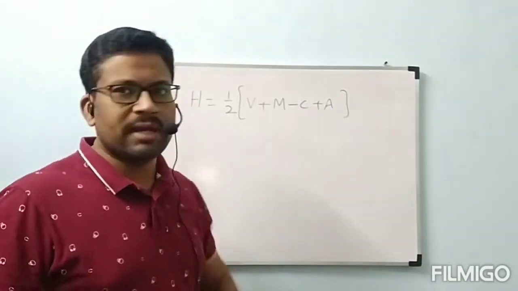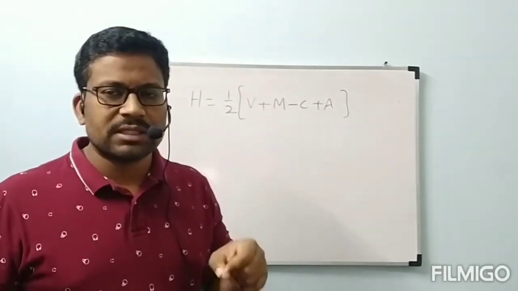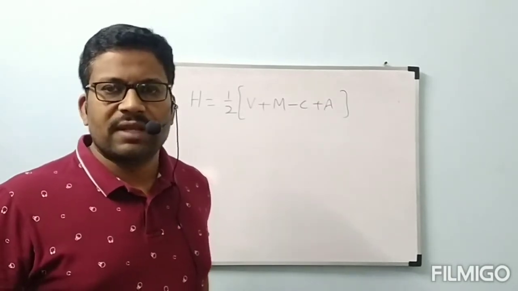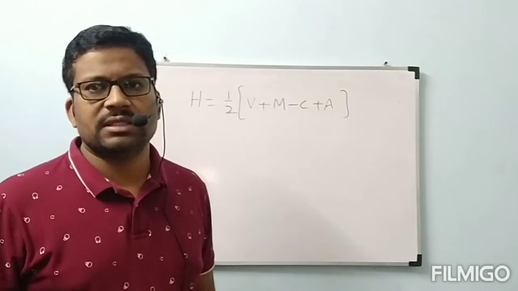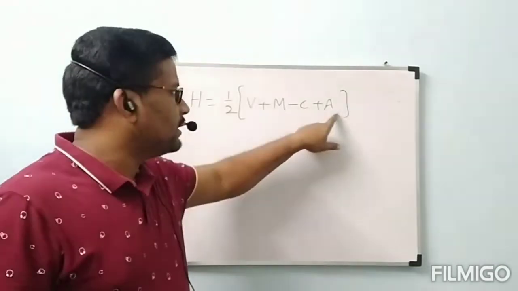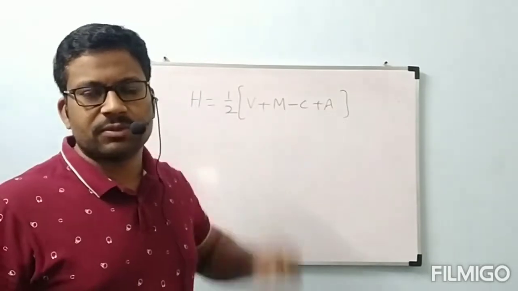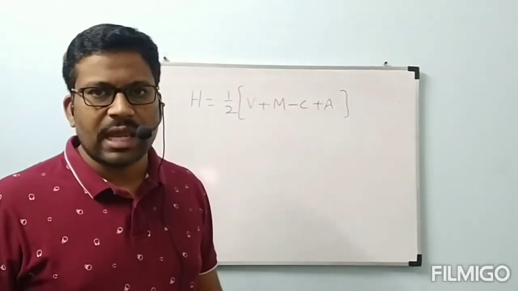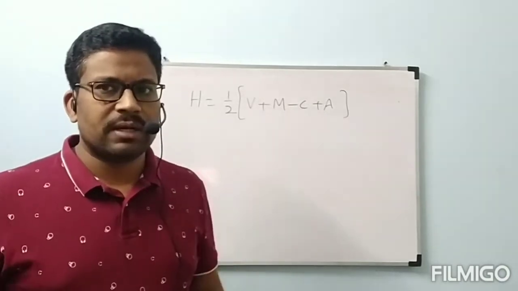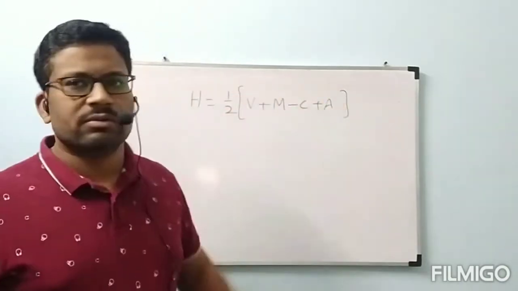Next, what is meant by capital A? The numerical value of the charge present on an anion. If they give CO3 minus 2, then the numerical value is 2, so A is equal to 2. We have to substitute accordingly. Whether the given particle is a cation, an anion or a neutral particle, this total formula will be useful.